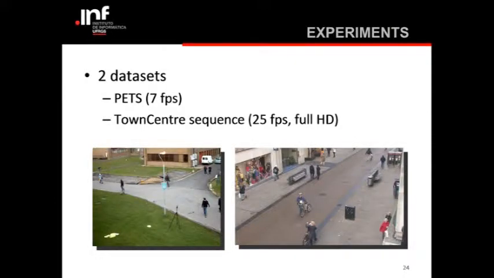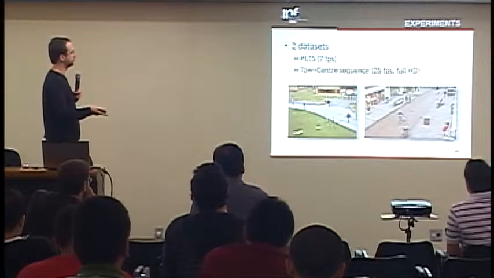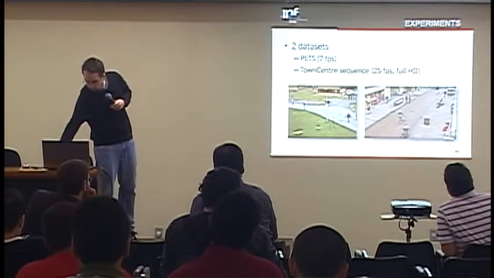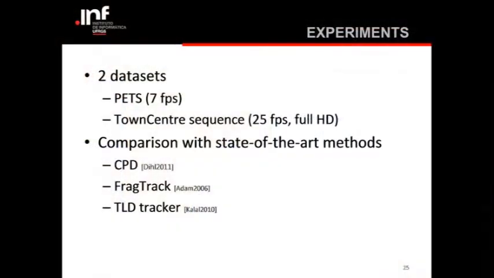We use two data sets. The first one is the PETS dataset, very well known, I think. It's 7 FPS, on the left. And the Town Center sequence, which is a full HD sequence, on the right. We compare to three methods. The first method, CPD, is the method that we are based on, the method by Deal.